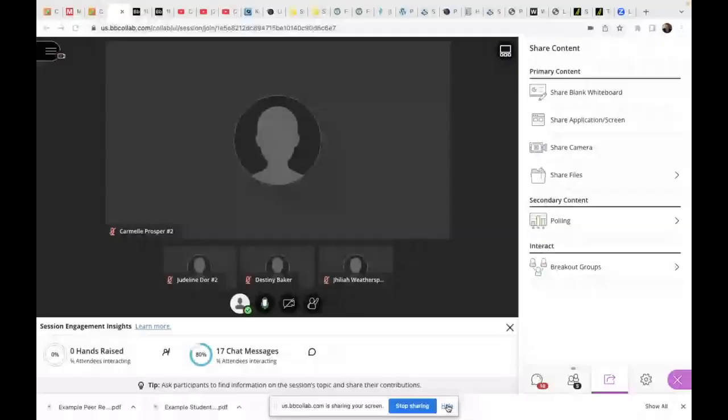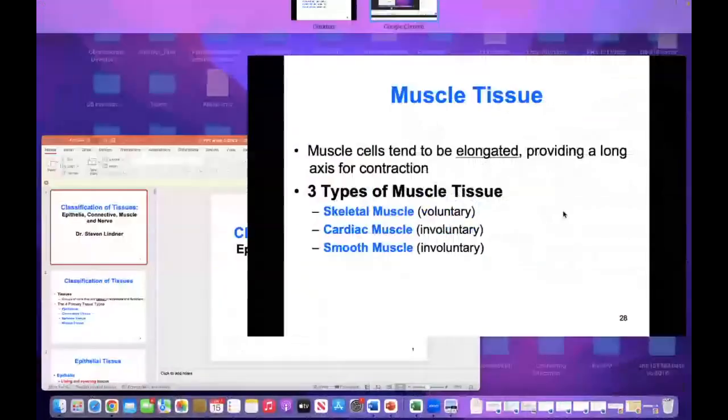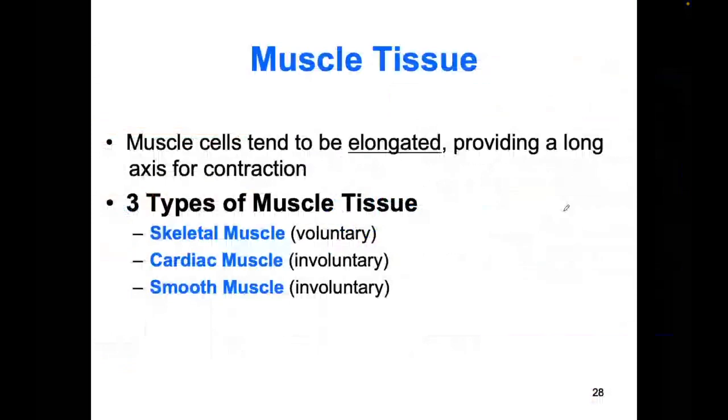We are still talking about tissues. In a previous video, we spoke about epithelial tissue. We know that it's a bunch of closely packed cells with very little extracellular matrix.